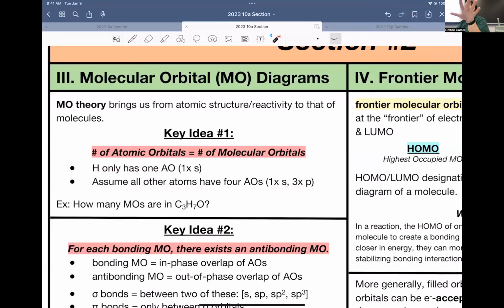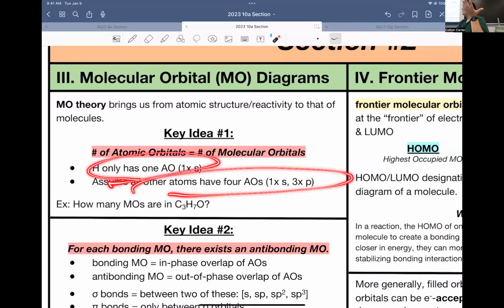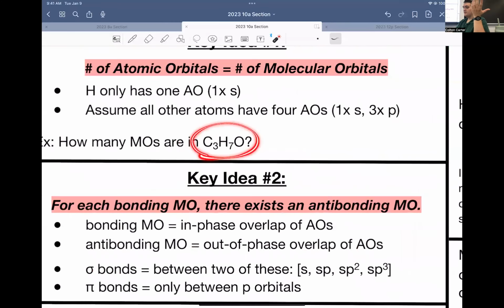So with this, everything else has 4, hydrogens have 1, we can count the number of atomic orbitals if we're given a formula. So for example, this molecule, C3H7O, we have 7 hydrogens, each giving 1 orbital. And then we have 1, 2, 3, 4 other atoms, each giving us how many orbitals?